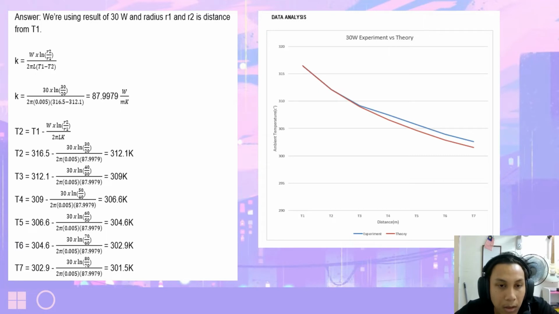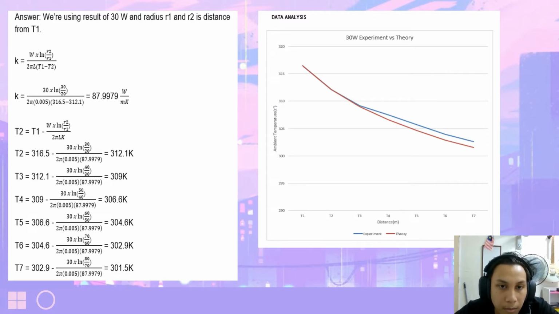For temperature 1, we use the initial temperature from the experiment, which is 316.5. To find temperature 2, we just rearrange the formula and insert the value from the data that we get.